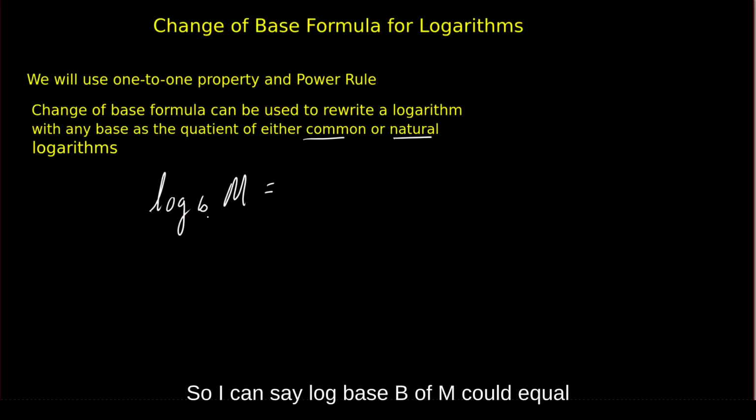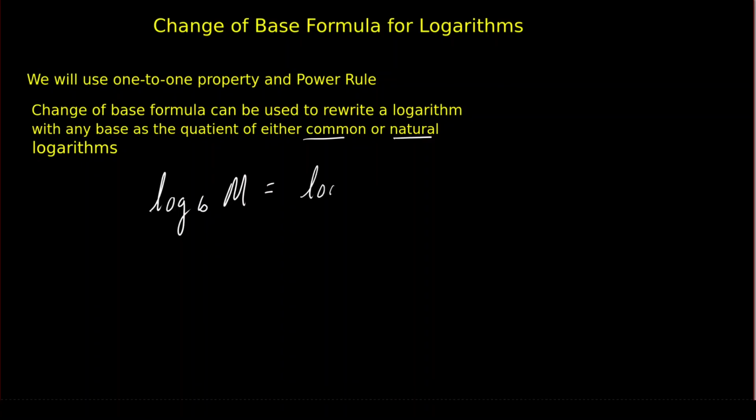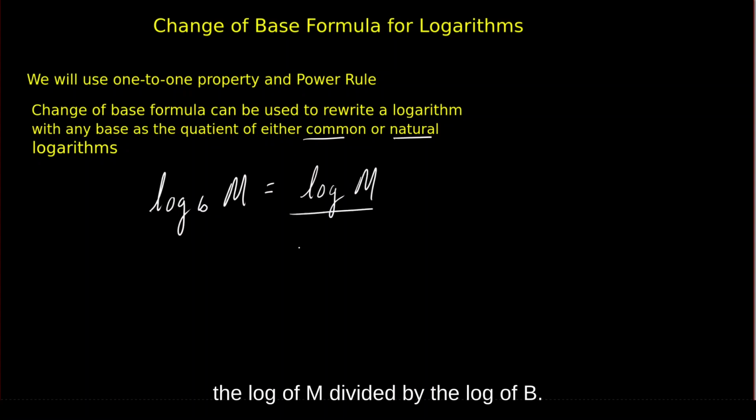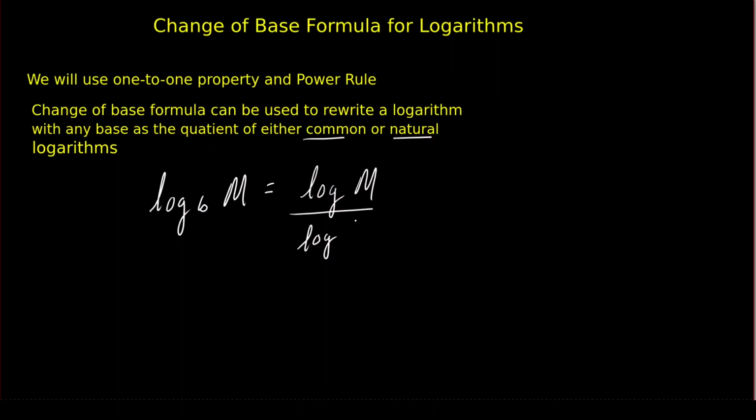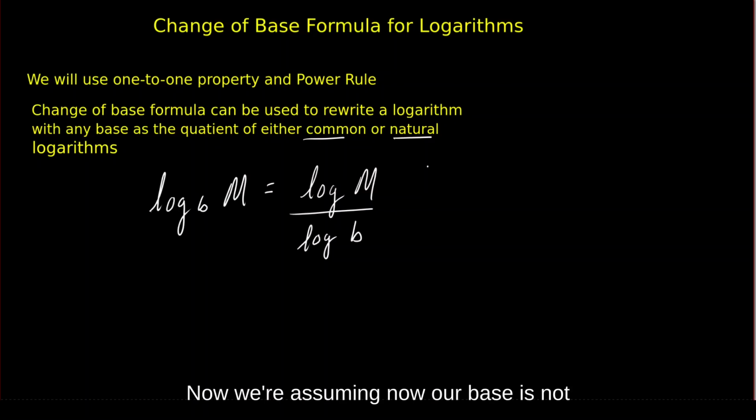So I can say log base b of m could equal the log of m divided by the log of b. Now we're assuming our base is not equal to 1, of course.